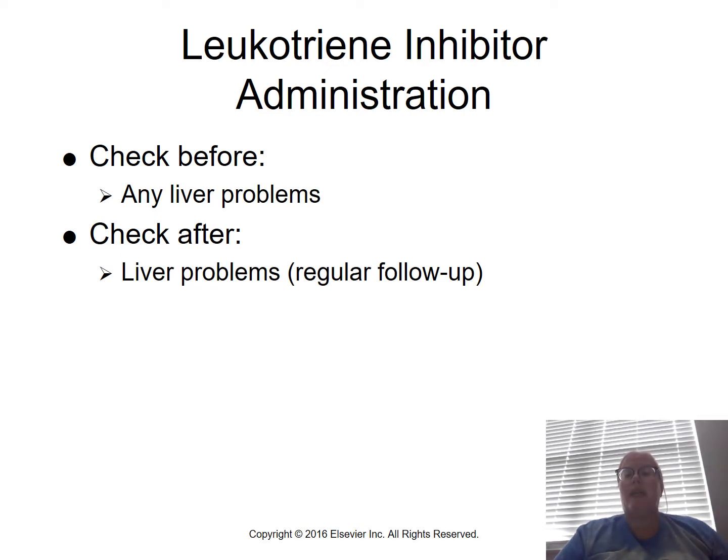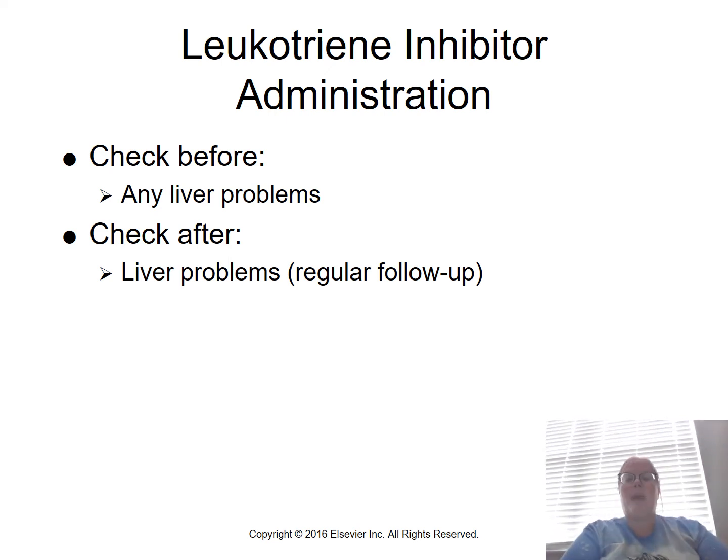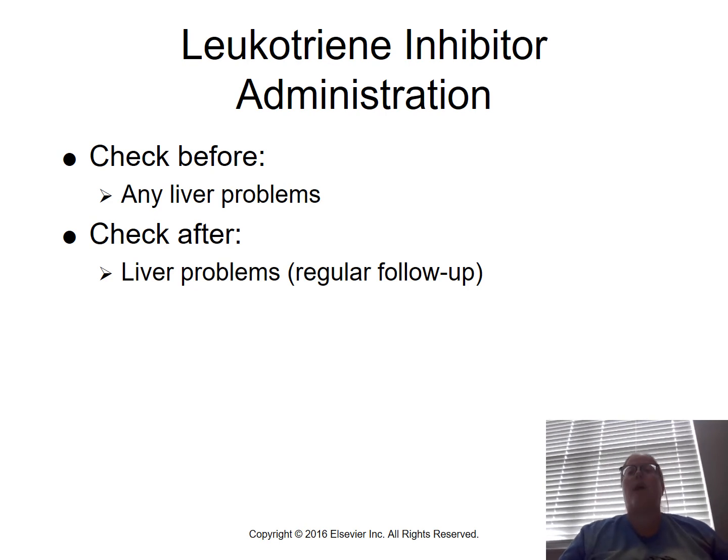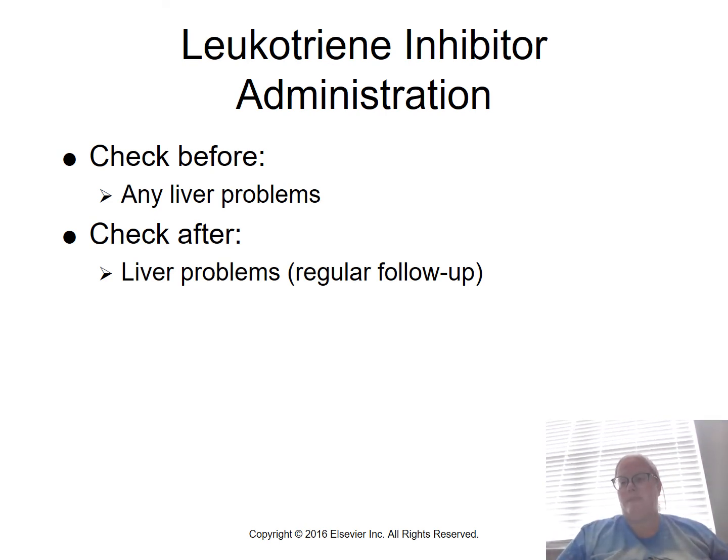So the patient's going to need regular follow-up, and the prescriber is going to check that ALT and AST again periodically, and then compare to that baseline liver function test that they got prior to the administration of leukotriene inhibitors.